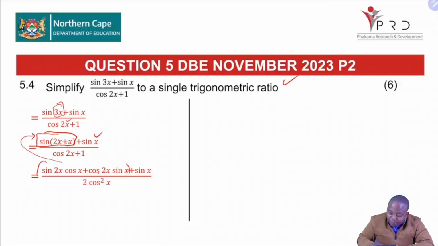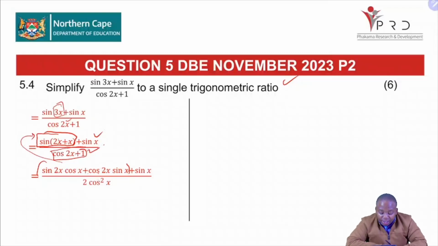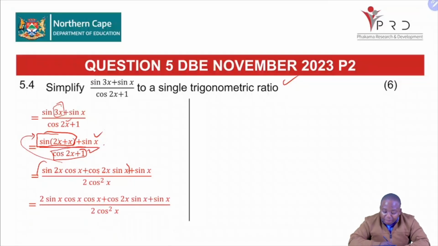Then below, on my denominator, I'm working with sine, then I'm going to convert that into a double angle of cos in this case, right? Thereafter, what do I do from here? We are going to expand again the 2x into a double angle.